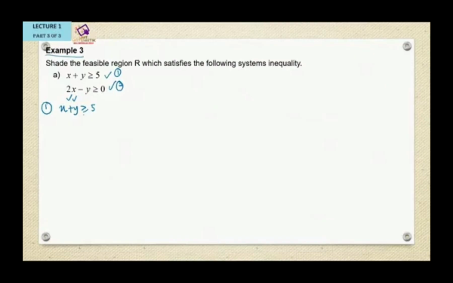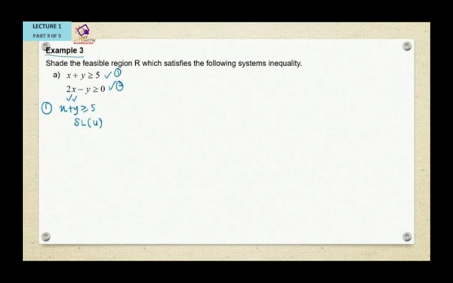Since we have included the boundary line, this is a solid line, and since this is greater than or equal, it is above the line.